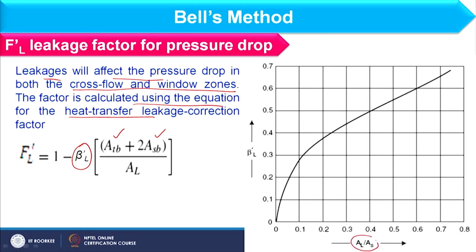Once you have AL and AS, you can find out the beta L dash value from this graph, and then use this equation to find out the leakage correction factor. The main thing is that whatever you have fixed in heat transfer coefficient calculation, the same you have to use in pressure drop calculation, with slight modification.